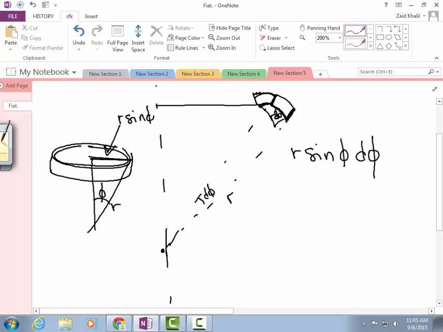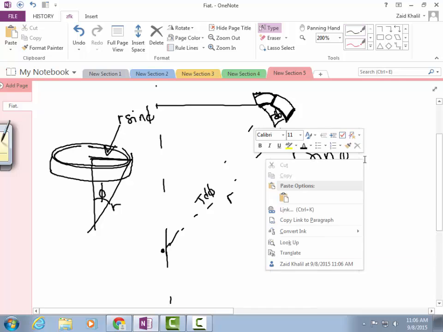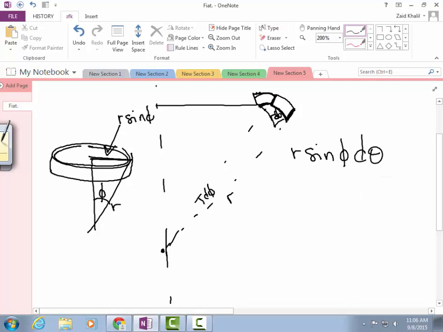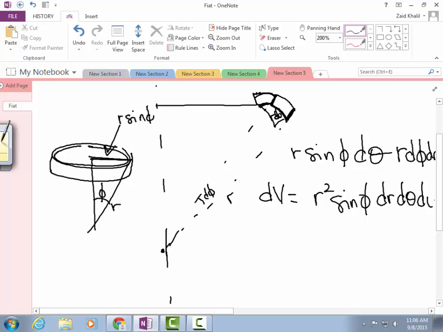Wait, I'm sorry, that's d theta. r sine phi d theta, because this thing is d theta, and r sine phi is the radius with which you're rotating it, times r d phi dr. So then your volume element, dv, is equal to r squared sine phi dr d theta d phi.